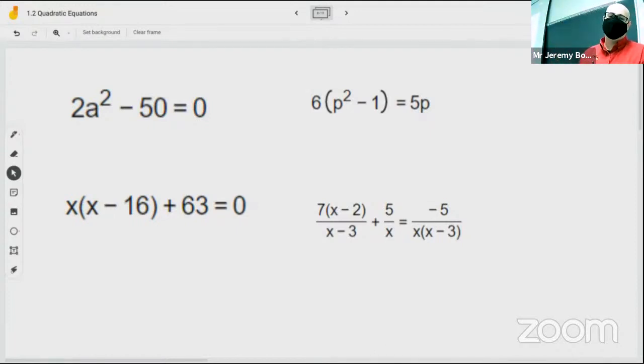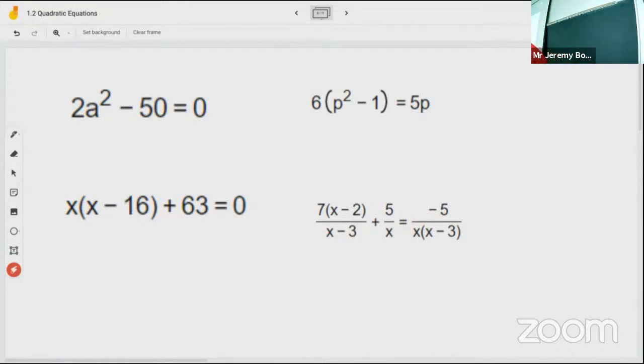We got 7 times x minus 2 over x minus 3 plus 5 over x is equal to -5 over x times x minus 3. I'll give you a hint on that last one. If you want to multiply something that gets rid of all of those, notice that this denominator is a product of both of these. So we could just multiply both sides of the equation by that denominator there.